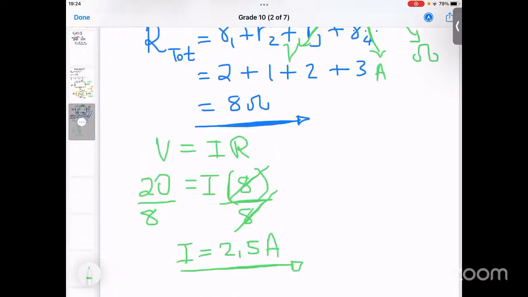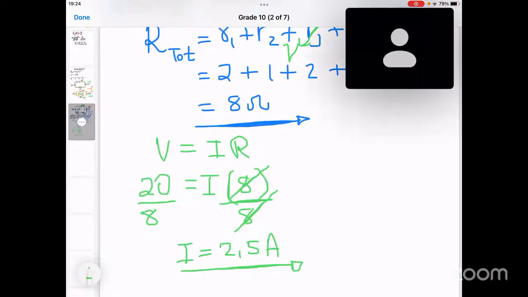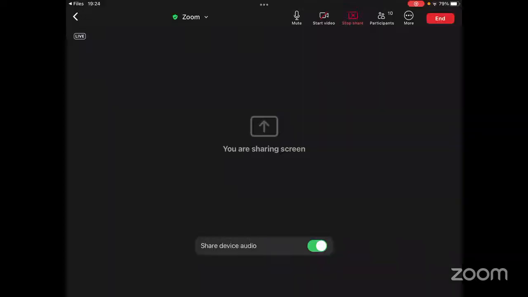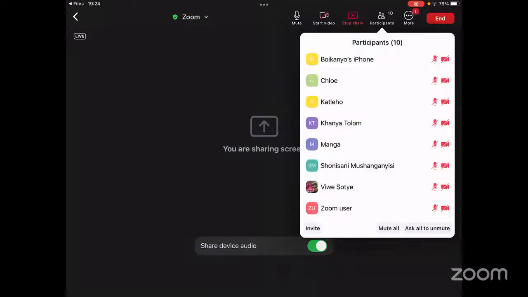So that's how you would work out those two questions, honorable members. Very quickly, let me check if you all understood before we go deeper. Any questions from your side?